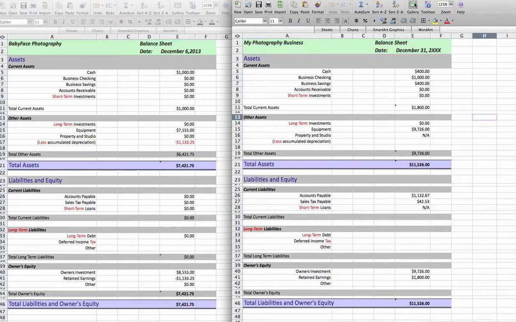In this case, it would be E11 plus E15 minus the depreciation, which in this case would be on line 17, minus E17.